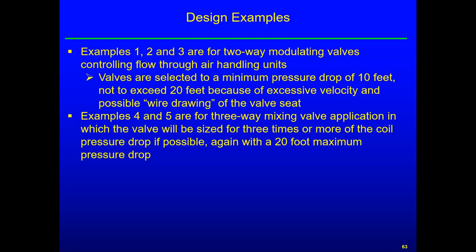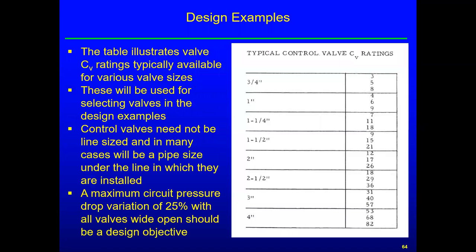And then on the three-way valves, the valve is sized for 3 times or more of the coil pressure drop if possible, again to a maximum of 20-foot pressure drop. So we'll be using those selection criteria here.